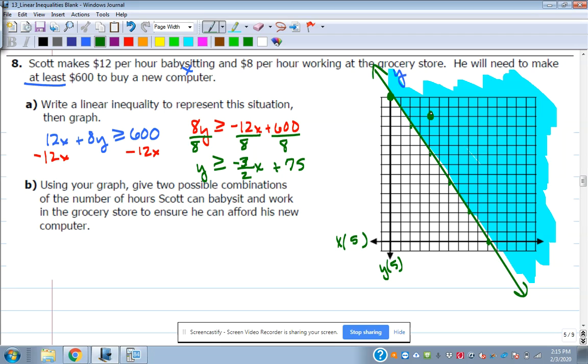That point right there. So 20 hours of babysitting and 65 hours grocery. That one works. Give me another one.